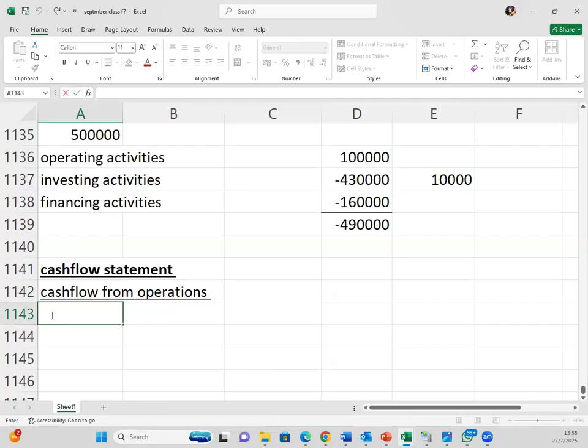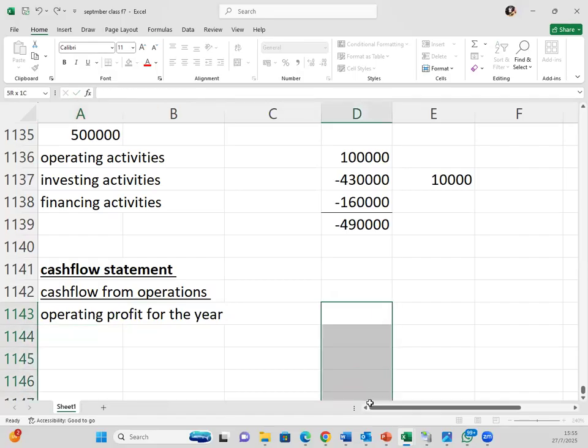And the key assumption is we are not selling goods on credit basis, we are selling on cash basis. So if we have profit, that's cash. So we start with the operating profit for the year. Remember, the operating profit is the profit before tax and interest.